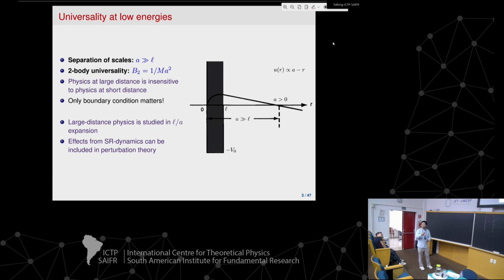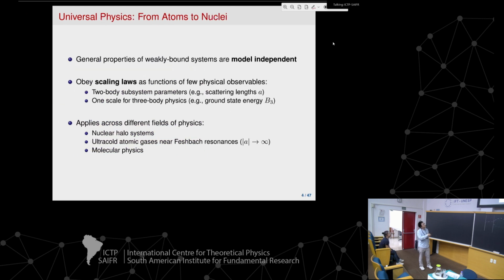So you can use perturbation theory to include those higher order corrections, or short-range information, order by order into your low-energy observables. This is why it's called universal behavior. Under this universal physics, you can study the general properties of those low-energy or weakly bound systems in a model-independent way.